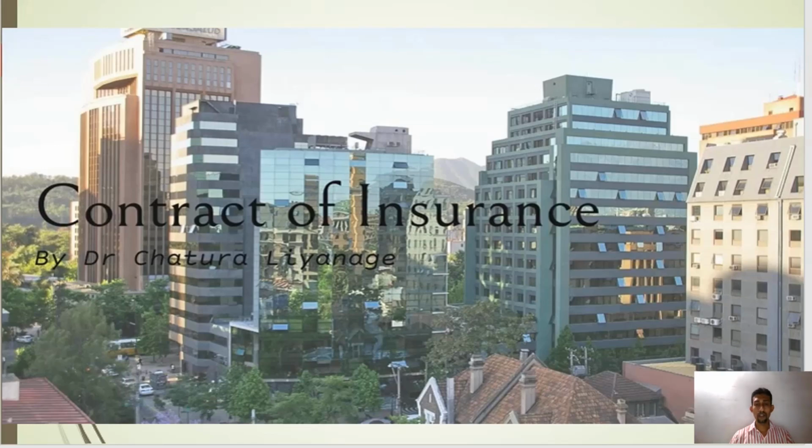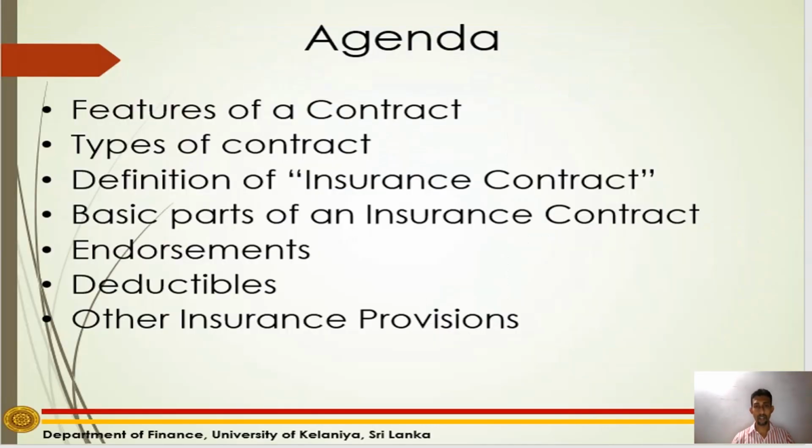Today we are going to learn some basic section of this program, that is to understand what is this contract of an insurance product. So to start off with, let me quickly take you through the agenda.